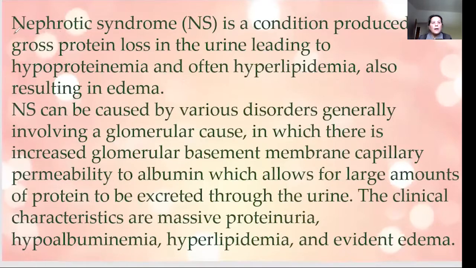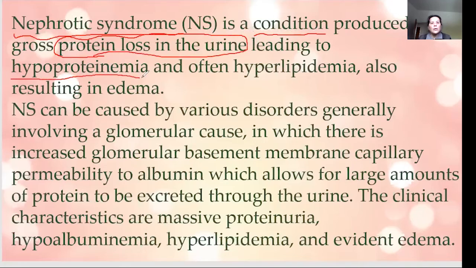So we say nephritic syndrome is the condition. Basically, a big amount of protein is lost in the urine, and then the protein level in the blood circulation is decreased. So hypoproteinemia, that means blood protein is decreased.